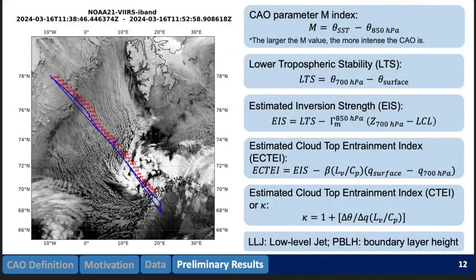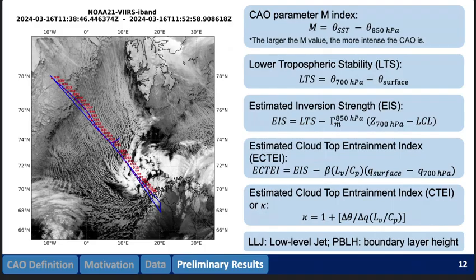In order to study how the properties of these boundary layer clouds vary under different environmental conditions, we first introduce several environmental parameters here. We have the M index, which is used to describe the intensity of the CAO. The larger the M, the more intense the CAO.